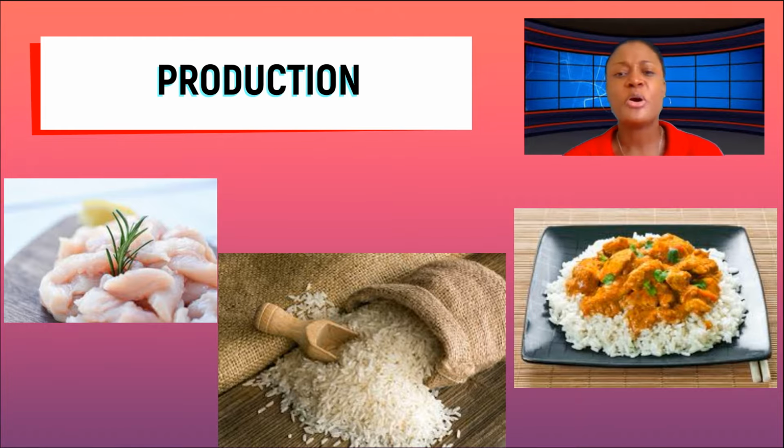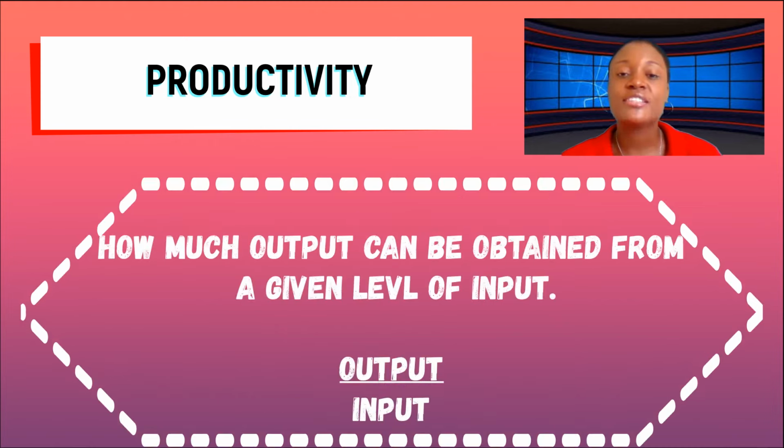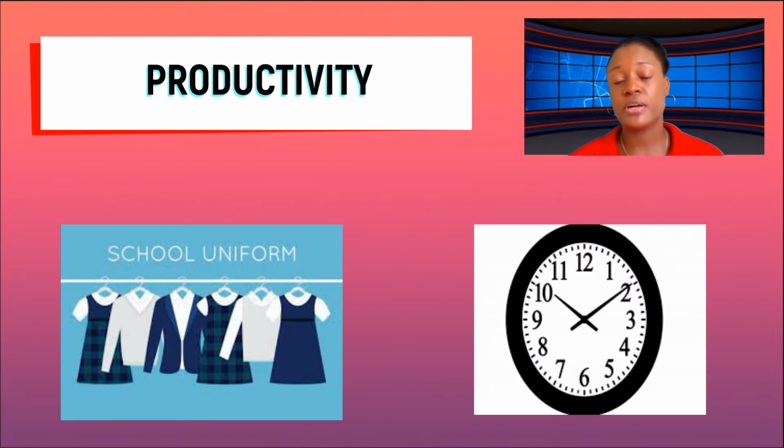Now, when we talk about productivity, it is a measure of how much output can be produced from a given level of input. So a given unit of input is considered to be very productive if it can produce a good amount of output. For example, how many uniforms could a dressmaker sew within an hour?